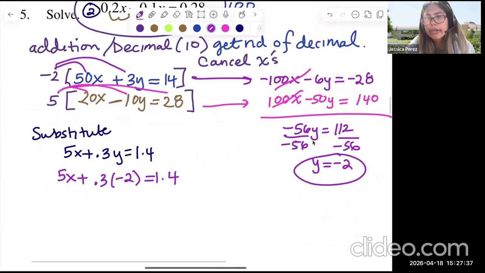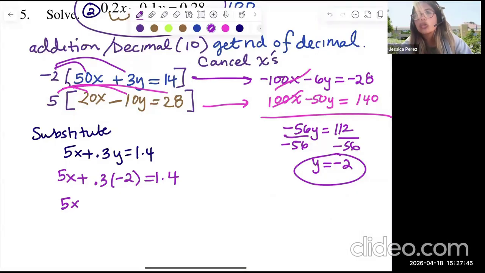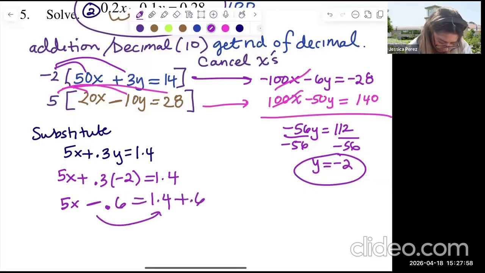Okay, well then, if I do a cleanup, I get 5x minus, well, what's 2 times 0.3? It's minus 0.6 is equal to 1.4, and then I add 0.6. That gives me 2.0, and then 5x, and then divide by 5.